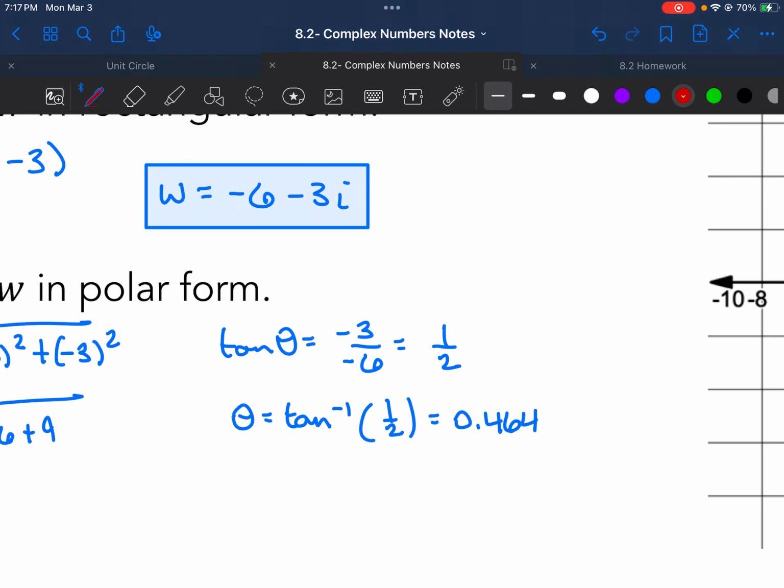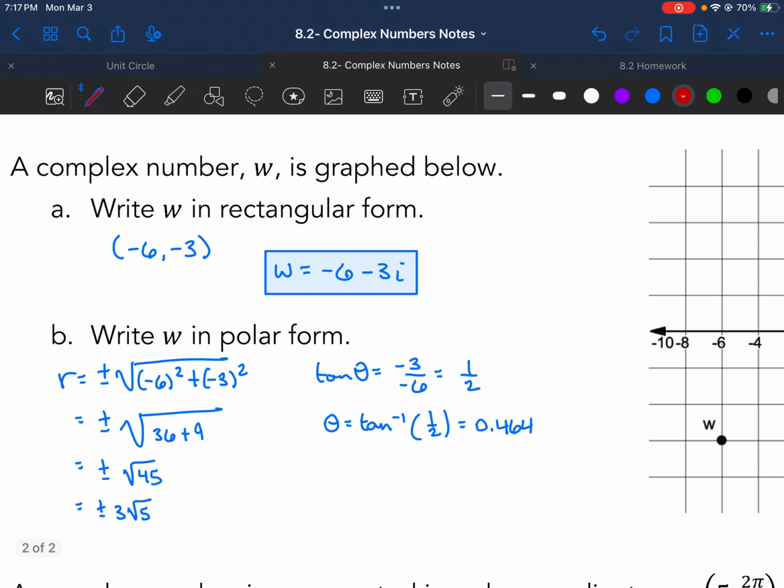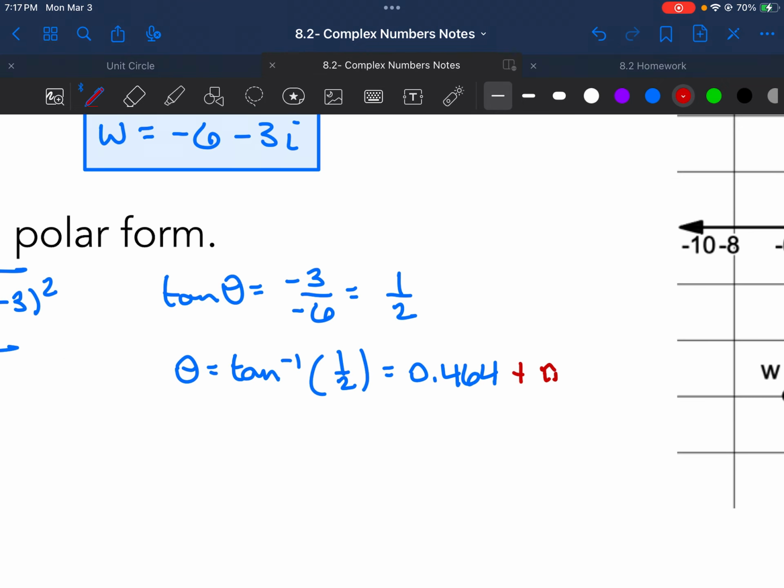But remember, anytime we're getting theta, we have to be aware of where our point is. We can see the point is in the third quadrant. We can obviously tell it's in the third quadrant because the x is negative, the y is negative. If you remember from the previous set of notes, the 8.1 notes, whatever angle the calculator gives us, if the point is supposed to be in quadrant 1, we don't need to make any adjustments.